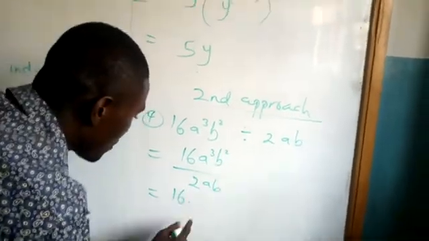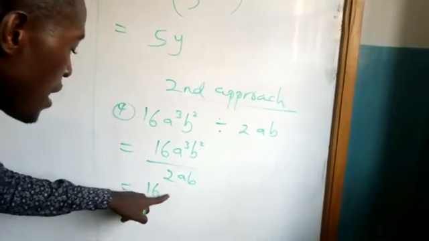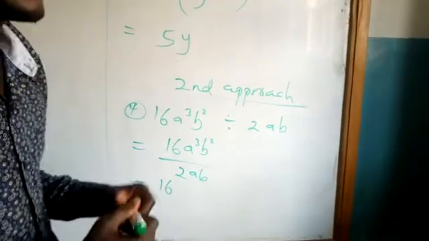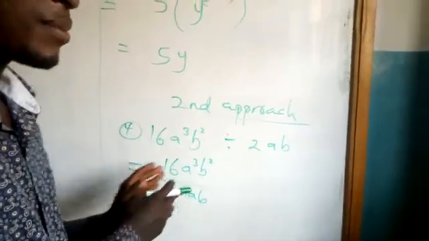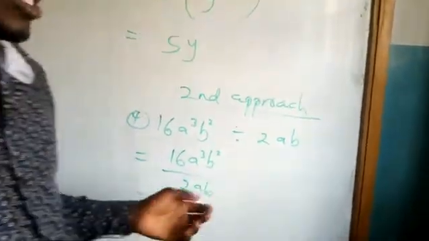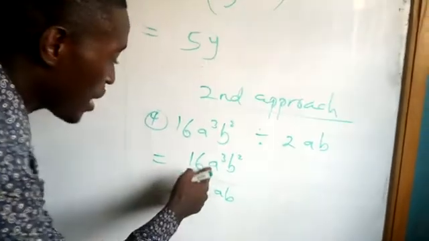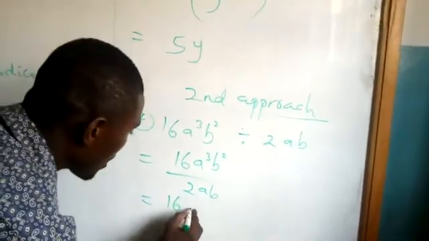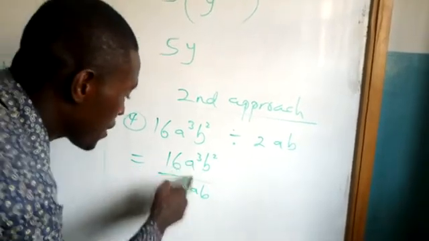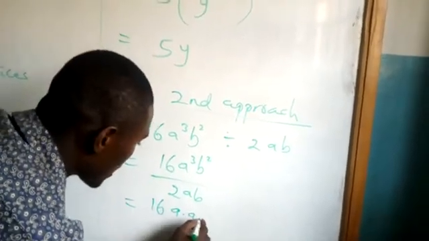Every time you see a dot, if it's not a decimal number, but one term dot another term, it simply means they are multiplied. So when I write 16a, and here is a power 3, you can write the a power 3 as this.